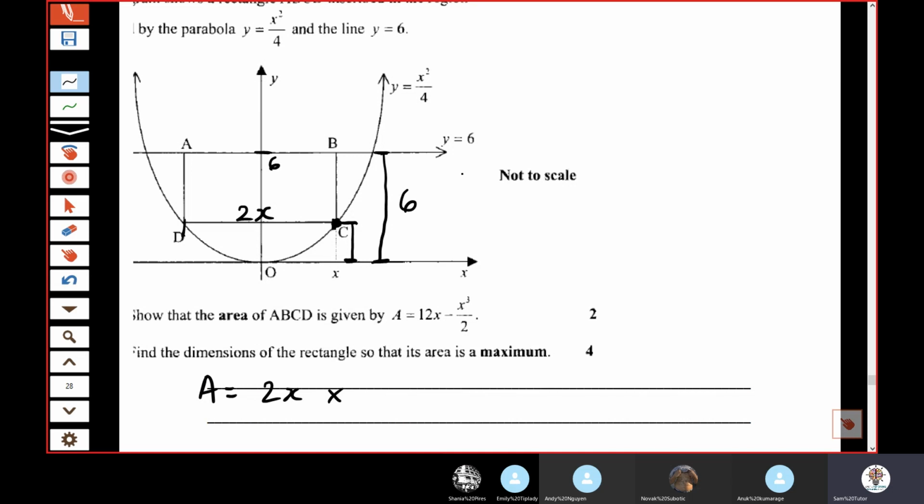Sub x in, and you'll find your y value at that point. How did you find your y values for your stationary points? Sub x back into the function.